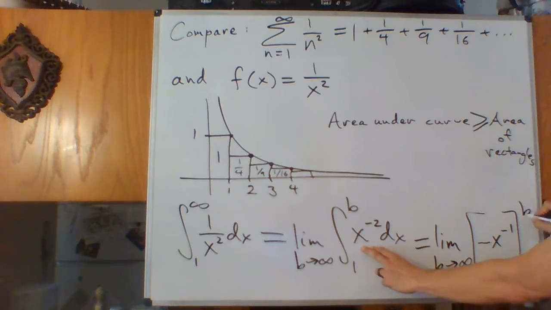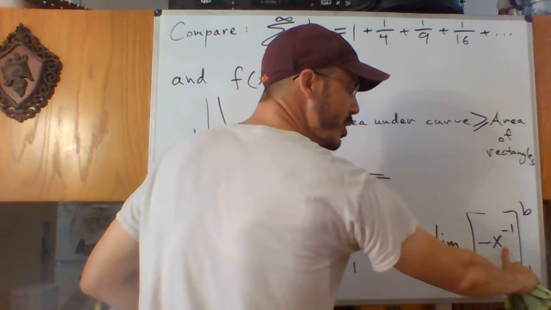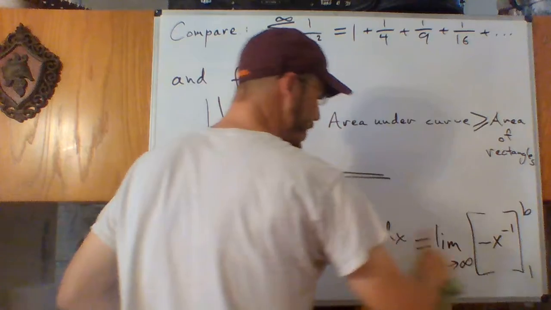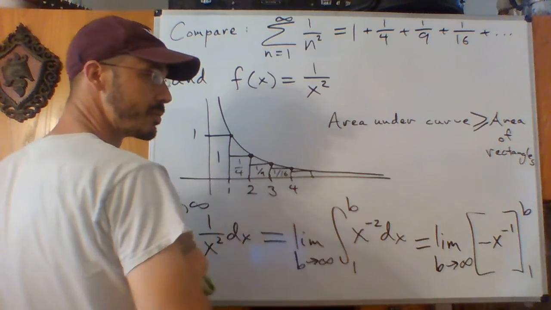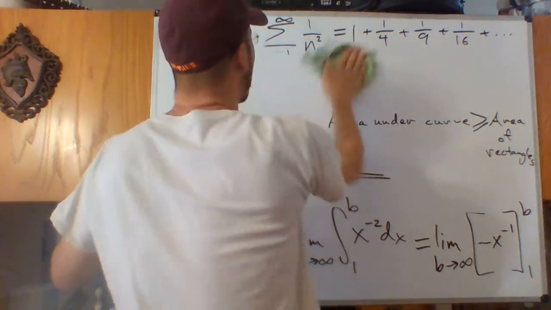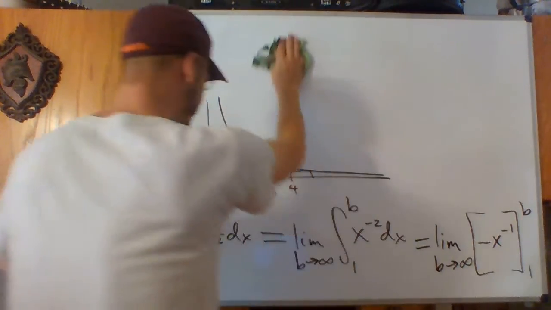And that's evaluated between 1 and b. See, if I do the power rule on here, I bring down the negative 1, it cancels the negative, I subtract 1, I get x to the negative 2 with no negative. All right, and I'm about ready to evaluate that limit even.